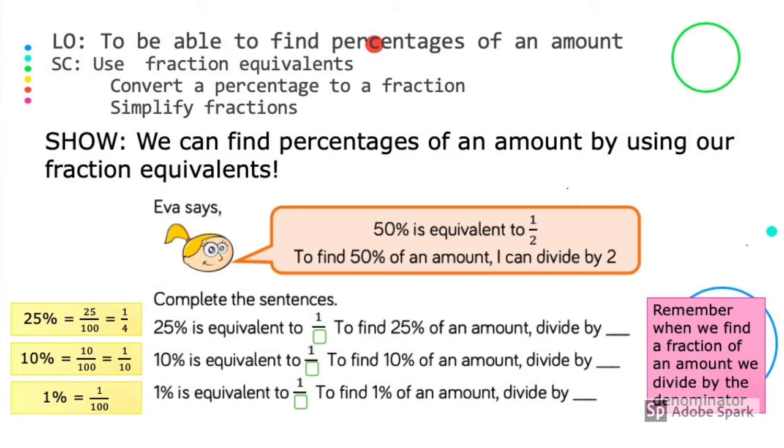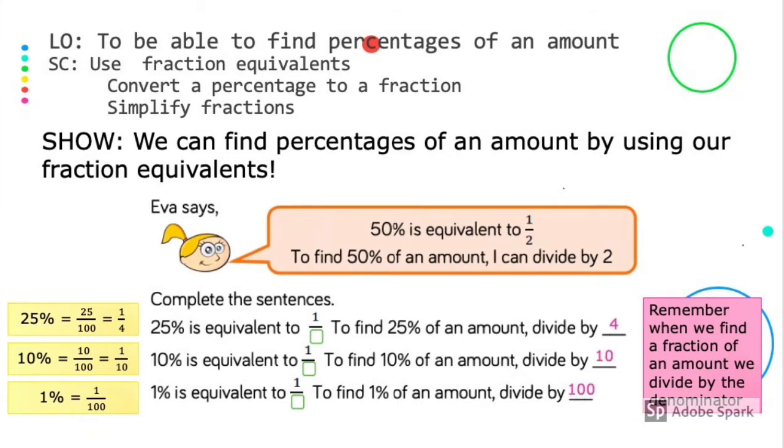Then for 1%, we put 1 over 100 because there is 1 part per hundred. Now we don't need to find an equivalent fraction. We don't need to simplify it because we can't make 1 any smaller than it already is.